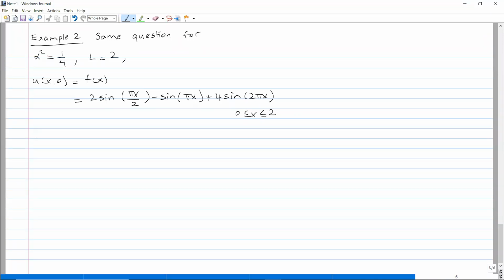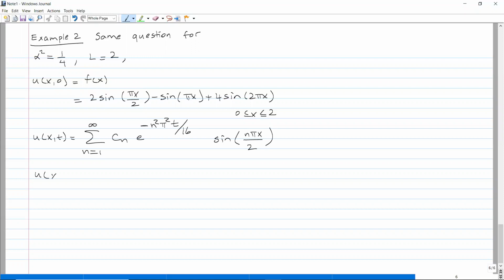Okay, so we know that the solution is given by the sum n from 1 to infinity Cn e to the minus alpha squared, that's 1/4, n squared pi squared t over, because of alpha squared, I have a 4 in the denominator, and I also have L squared in the denominator, which is 4, so 4 times 4 is 16, as sine of n pi x over L, which is 2.